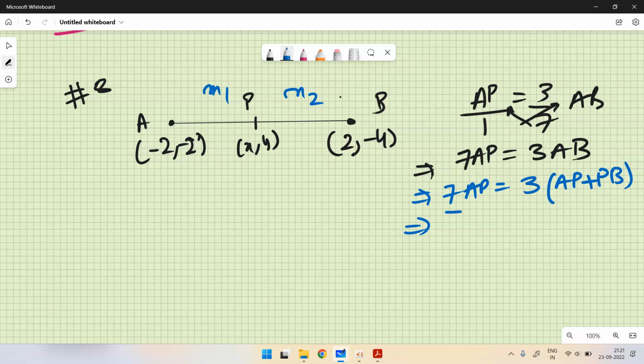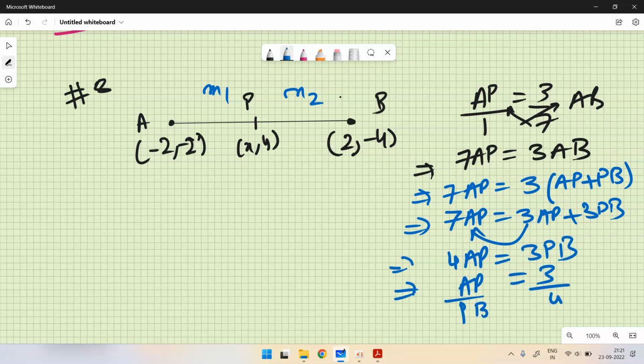So 7 AP equals 3 AP plus 3 PB. Taking this to the other side, 7 minus 3 is 4 AP equals 3 PB, which implies that AP by PB is 3 by 4. So m1 is 3 and m2 is 4. The point P divides the line segment AB in the ratio 3:4.